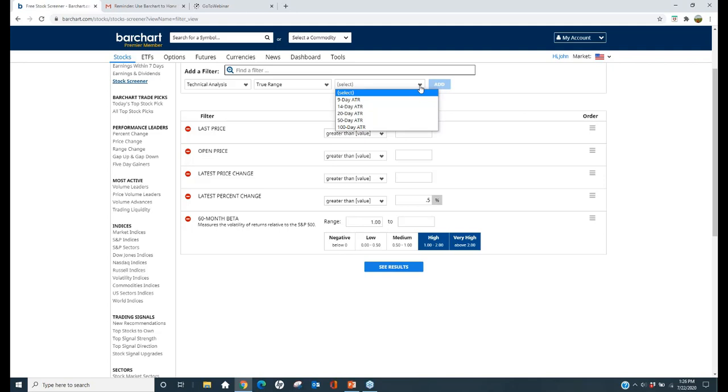Now, swing traders, yeah, am I going to be worried about the ATR on a day-to-day basis? Probably not, but I can do a comparative analysis, and we'll look at this a little bit later. I could compare shorter-term ATRs, let's say our 9 and 14 days, to our longer-term ATRs, 20 and 50 days.